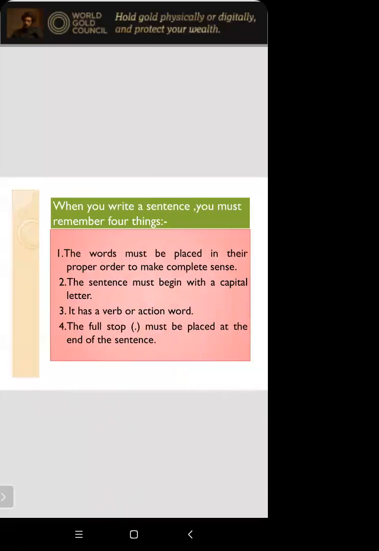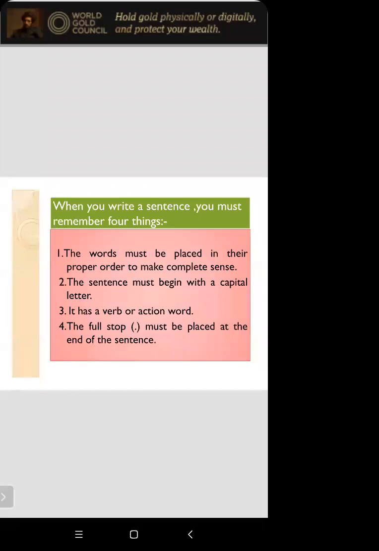Now, after that, you have to remember 4 things when you write a sentence. When you write a correct sentence, you have to remember 4 things. Number 1, the words must be placed in their proper order to make complete sense. Second, the sentence must begin with a capital letter. Third, it has a verb and action words.